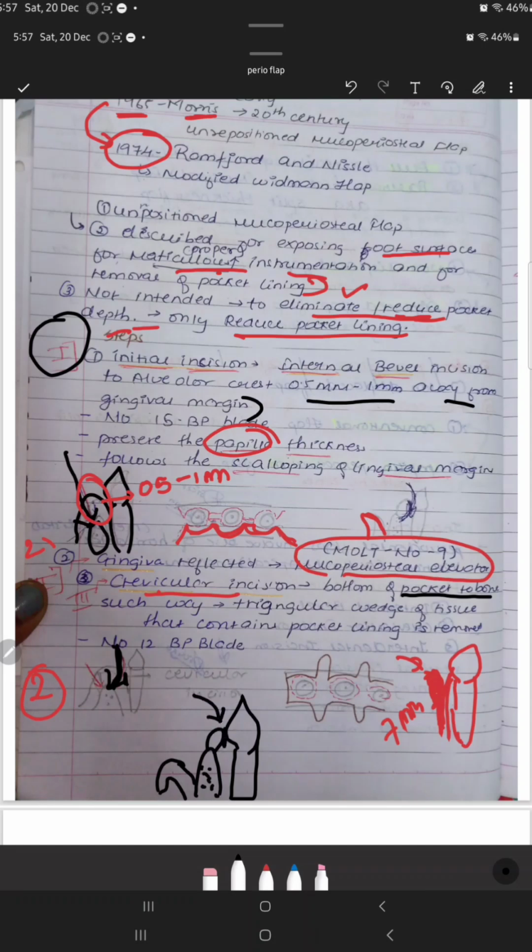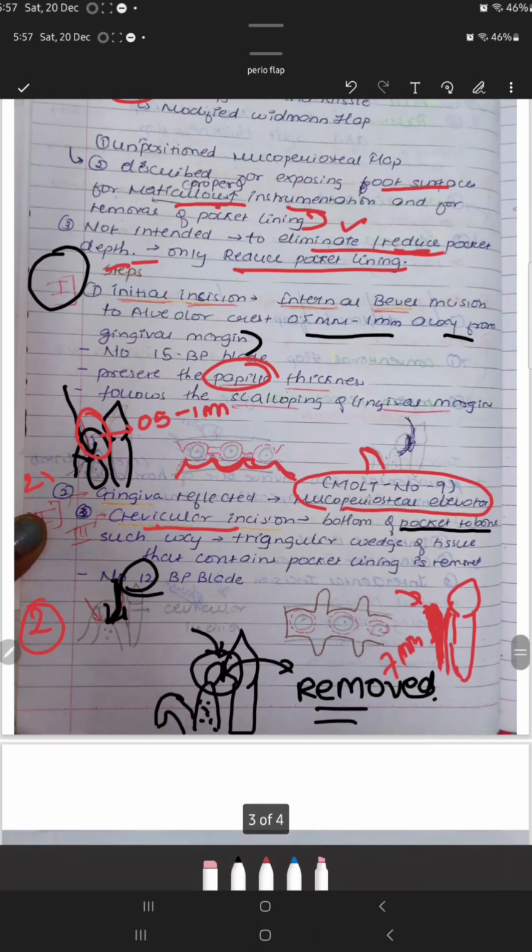So along the sulcus you will give the crevicular incision. After giving it in such a way, this triangular wedge of tissue is removed. It contains the pocket lining. This is the pocket lining and it is done with a number 12 BP blade.